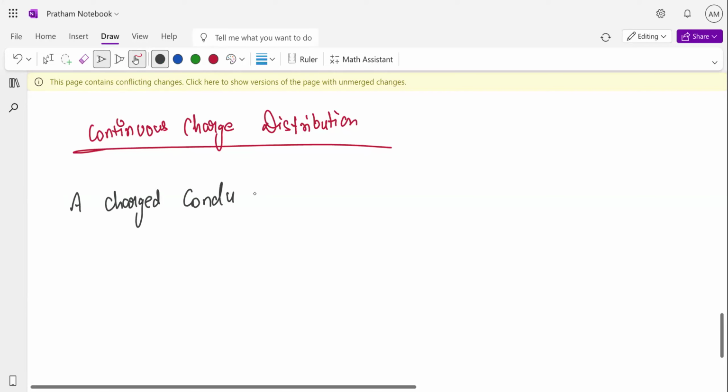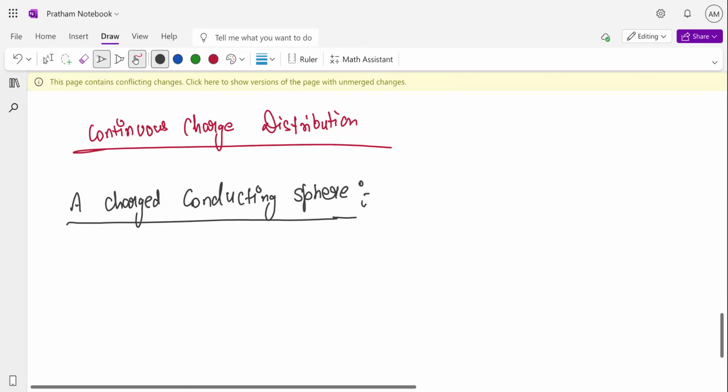Tell me the properties of a charged conducting sphere. A very simple thing: first of all, it is conducting in nature, and it is charged. I didn't tell you whether it is hollow or solid.